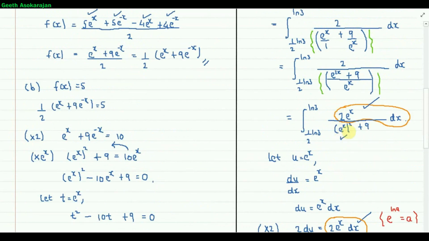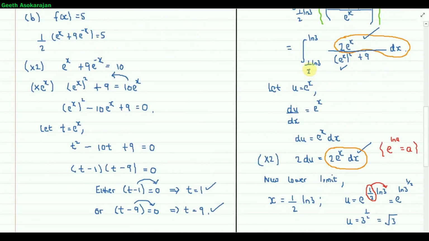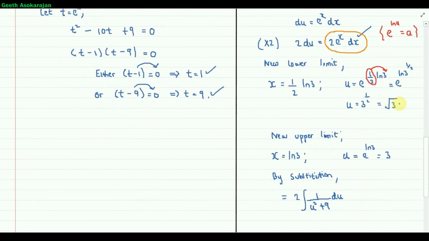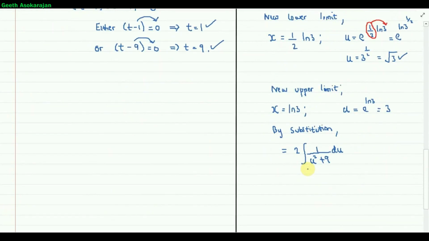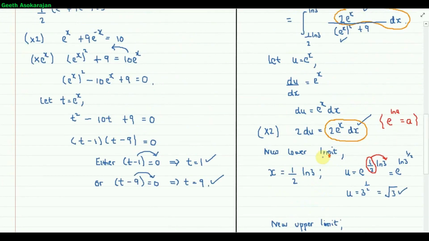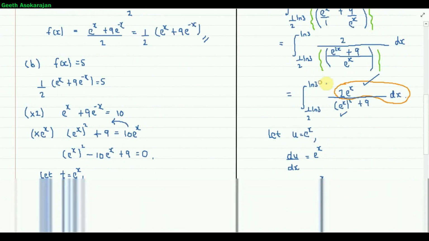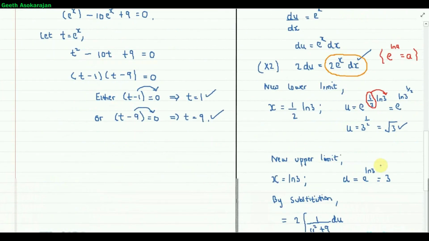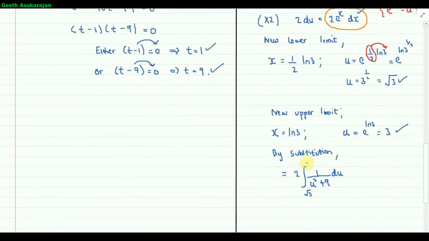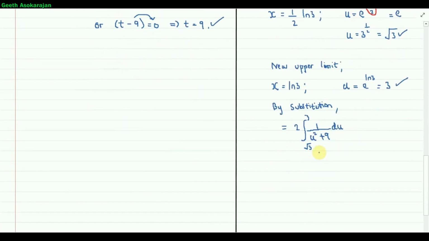We replace the e to the x term. With regard to the limits, half ln 3, we'll replace that by root 3. So here's our root 3, the new lower limit. And the ln 3, we're going to replace by 3. Let me write that 3 over here. That is our new upper limit.